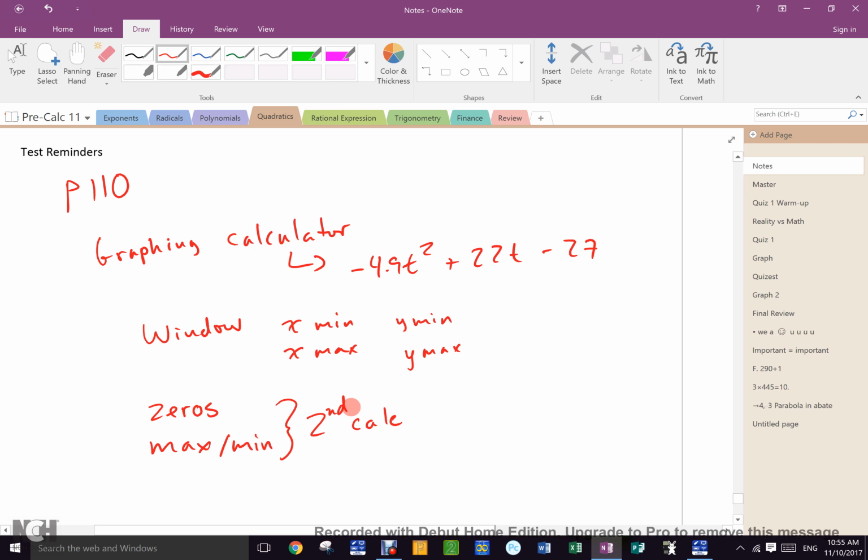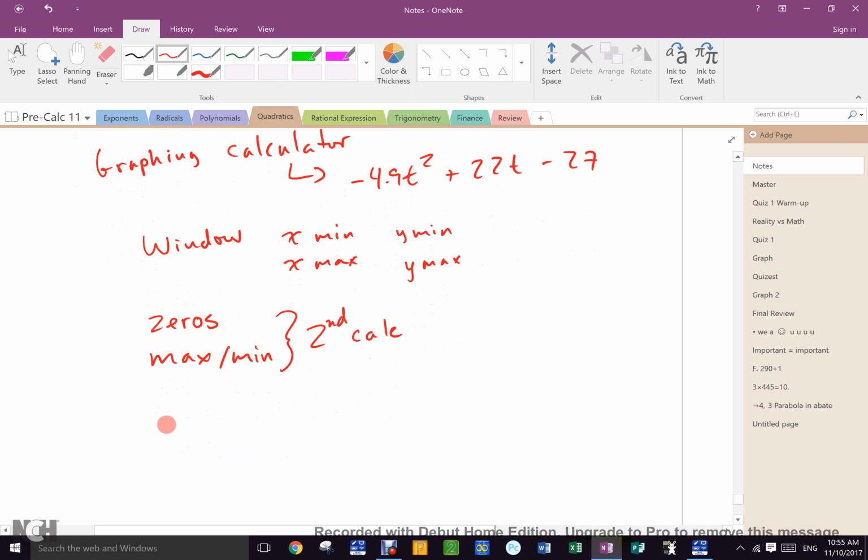And you need to remember this. An equation can be in standard form, and that same equation can exist in factored form, and it can also exist in vertex form, and they're all the same equation.